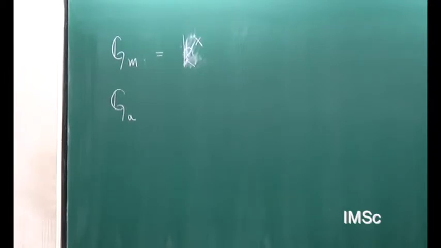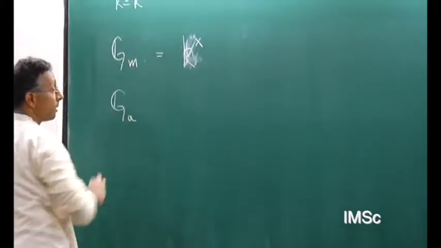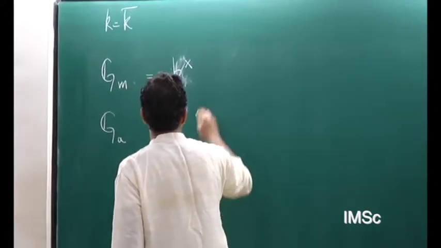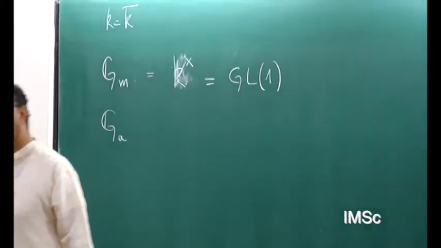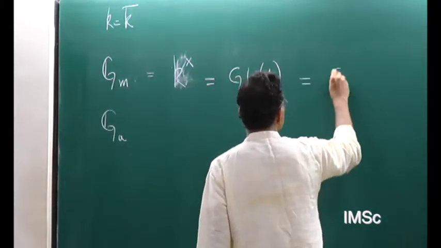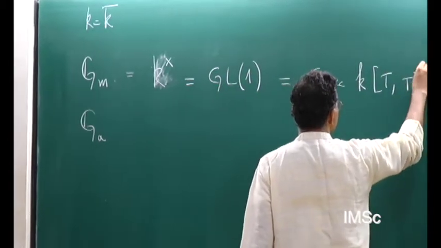K star is all non-zero scalars of the underlying field K equal to K bar. Recall that we are always working with K equal to K bar of arbitrary characteristic. You can also think of this as GL1, and another way to think about this is that it is the spectrum of K[T, T inverse].